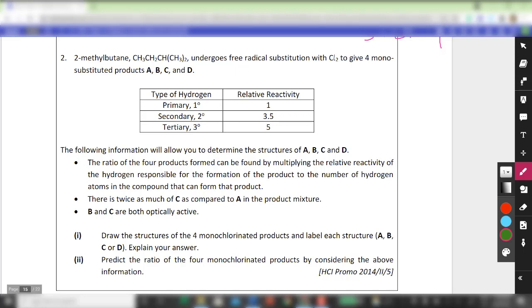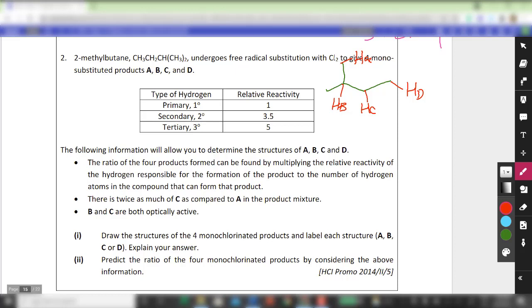So maybe we try to analyze the structure of 2-methylbutane first. So we have a butane straight chain, with a methyl group over here. Let us see how many unique hydrogens there are. There's an HA over here, so that's 1 methyl group. And then there's also another methyl group over here, so the 2 HA are equivalent. And then we have an HB, an HC, and an HD.